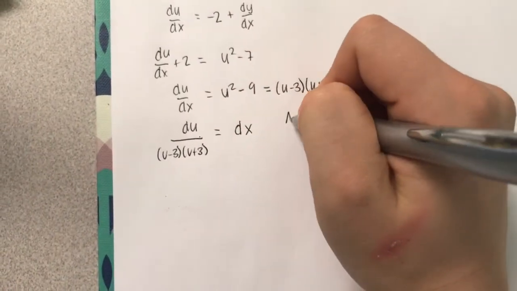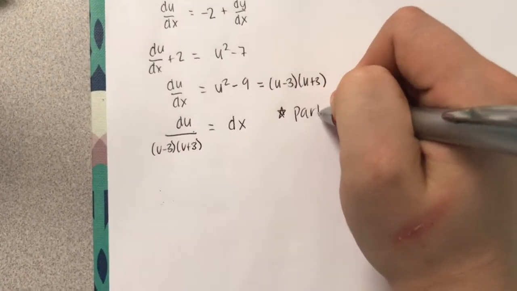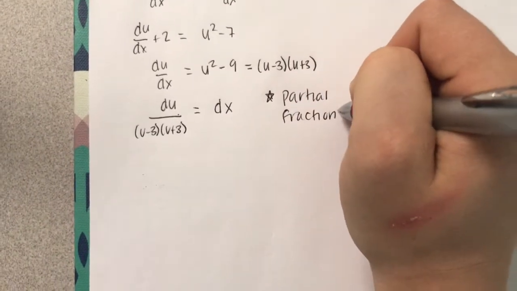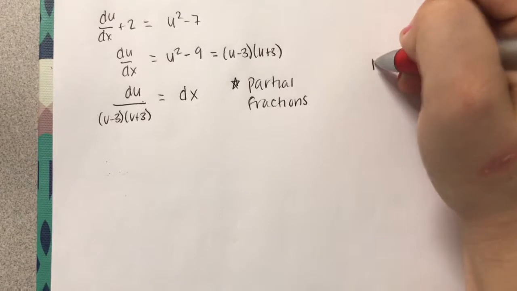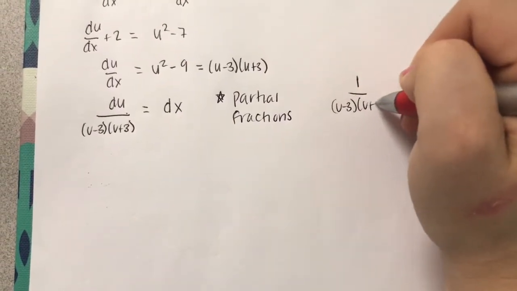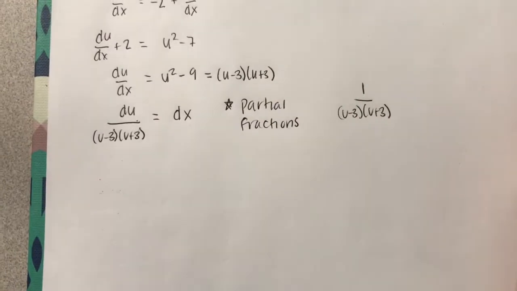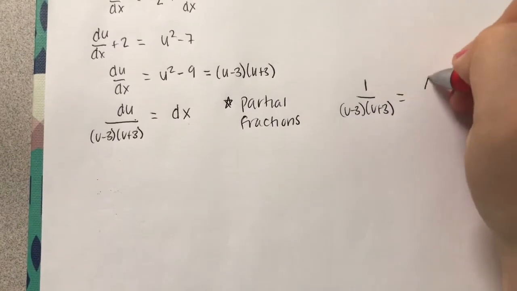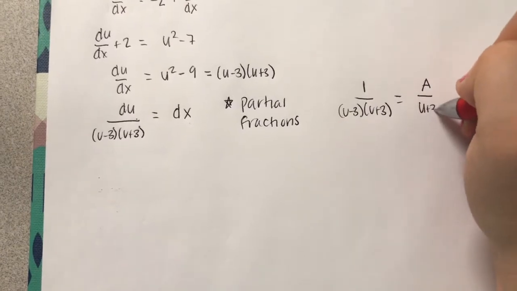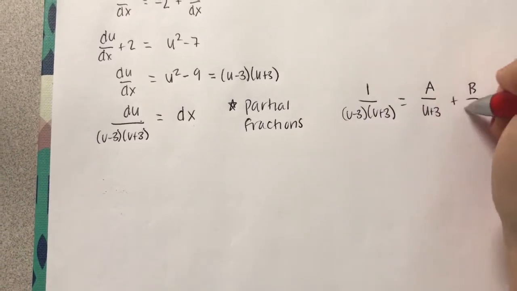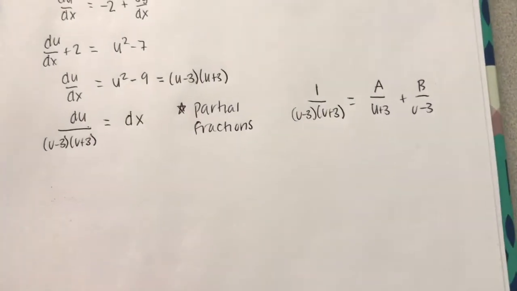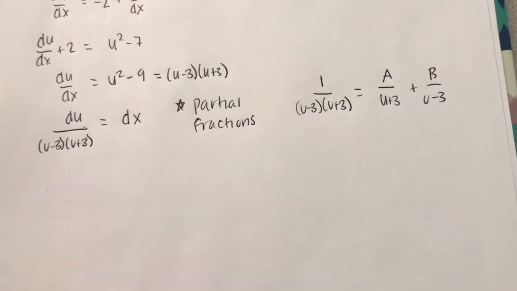Now this is going to be partial fractions. So we have 1 over (u - 3)(u + 3), and I'm going to separate that out. So I set that equal to A/(u + 3) + B/(u - 3). On that right side, I want to get a common denominator like what's on the left.